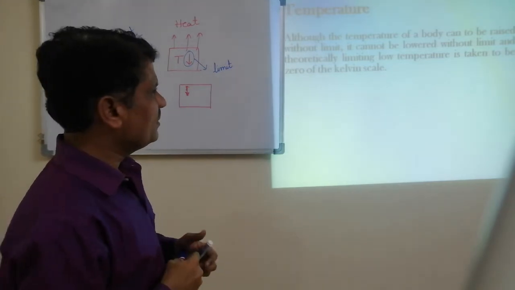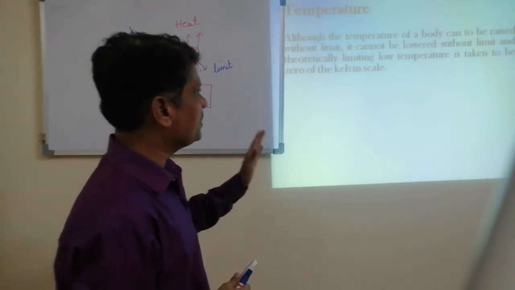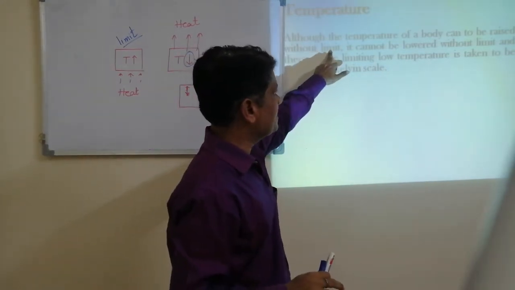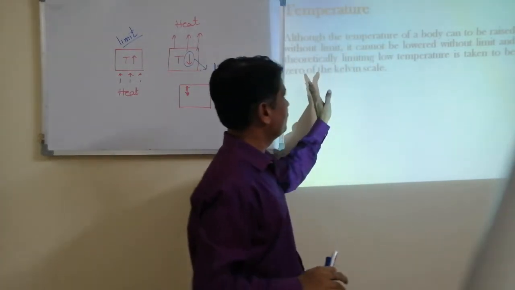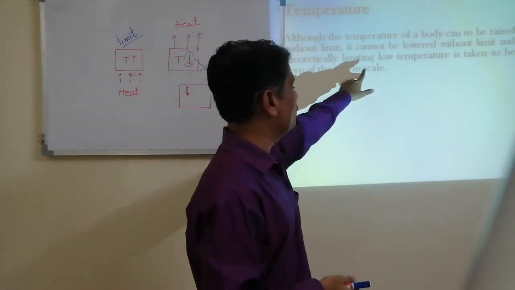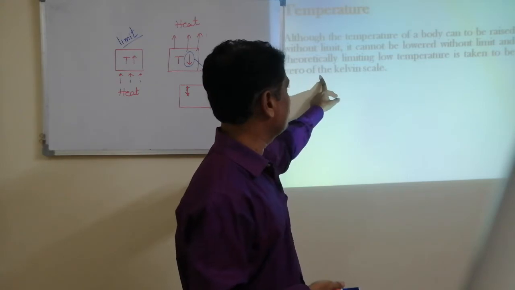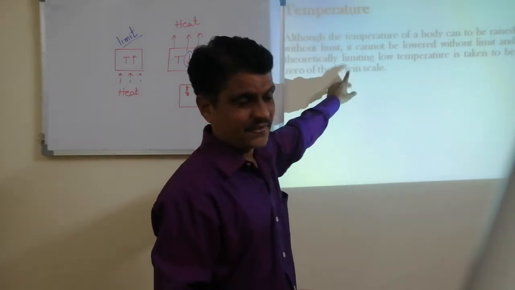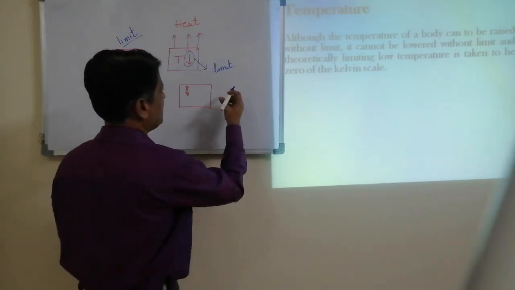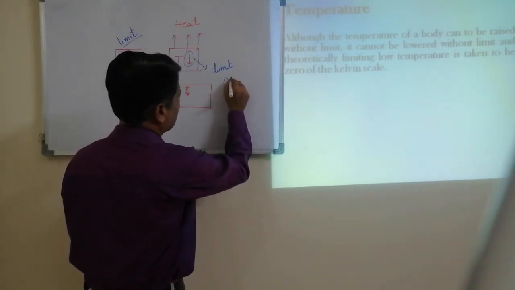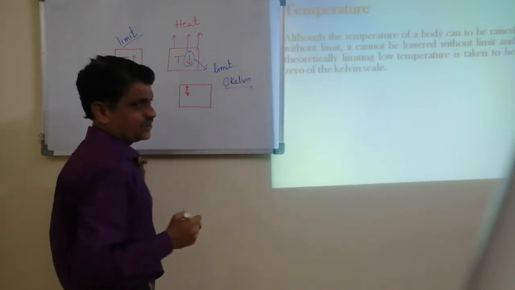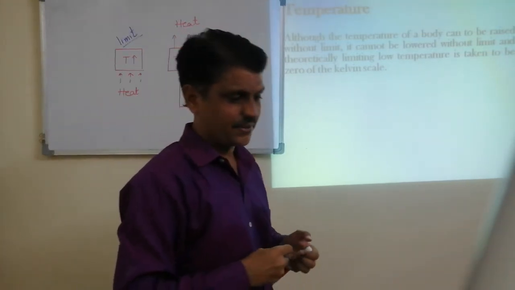Theoretically there is no limit. Without limit we can increase, and without limit we can decrease. But practically, the lowest temperature is taken as 0 of the Kelvin scale. So in the Kelvin scale, 0 Kelvin is the lower limit. We have taken 0 Kelvin as the lower limit to decrease the temperature.